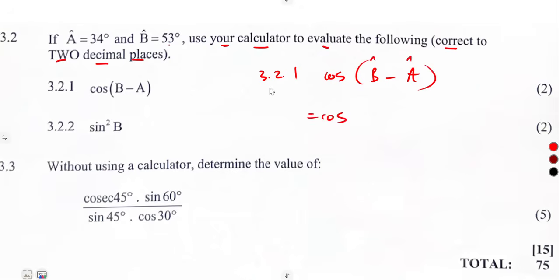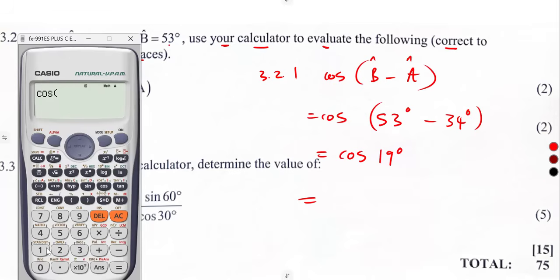Is given as 53. So that's 53 degrees minus angle A, 34 degrees. So that's it, guys. You can simply use your calculator here, or you can find the difference. 53 minus 34 is 19. So that is the cos of 19 degrees. Cos 19 degrees is what?